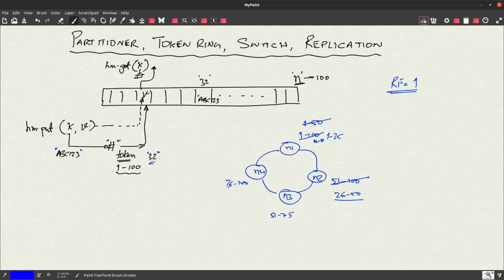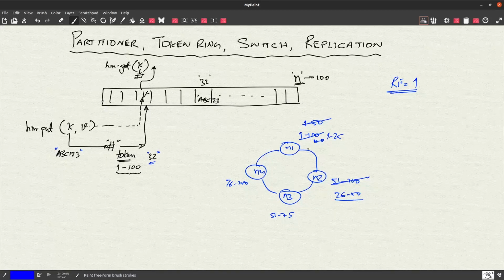N4 is responsible for 76 to 100, which N1 knows about, N2 knows about, N3 knows about as well. So every node, pay attention to this, not only knows about their own token that they are responsible for, but also the token range of the other nodes in the cluster. Don't worry about the word replica nodes, other nodes in the cluster.